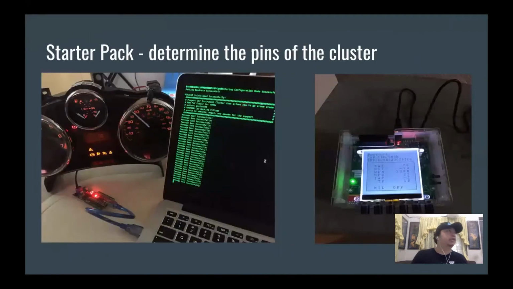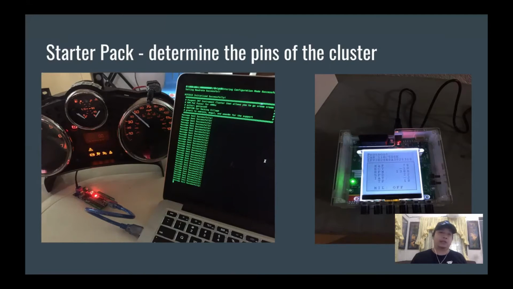So as a starter pack for your car hacking journey, you actually just need an instrument cluster or maybe an ECU simulator that you could practice UDS messages with. For the starter pack, you just need your laptop and a CAN bus module, for example the MCP2515, soldered to an Arduino Nano.